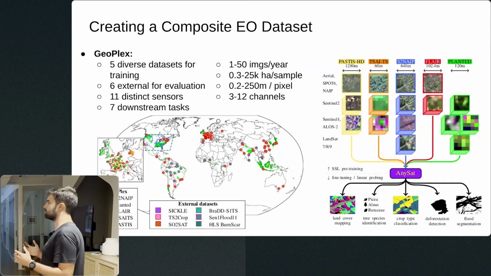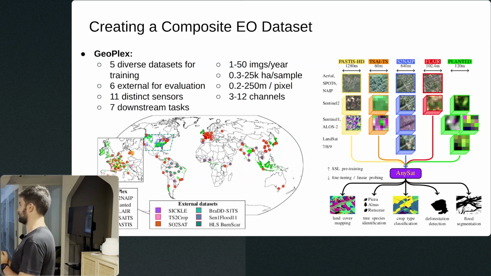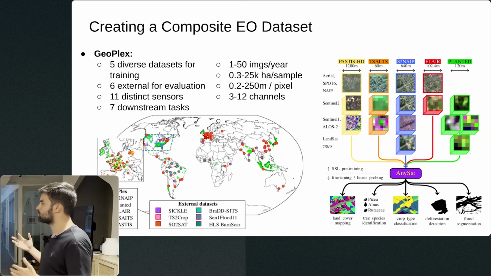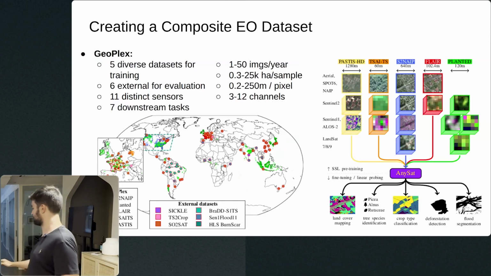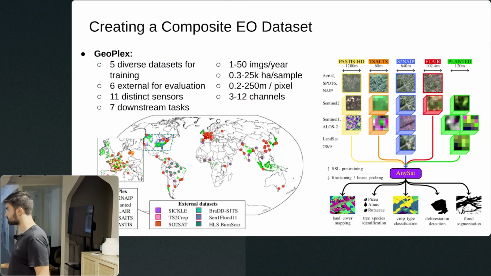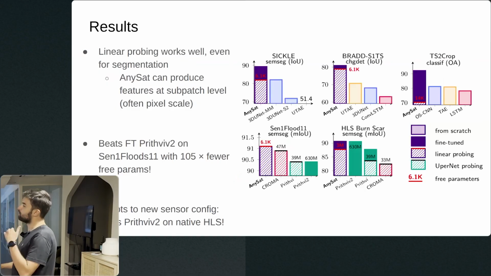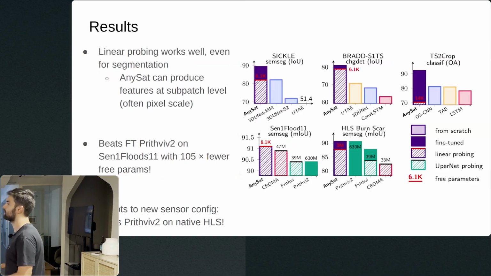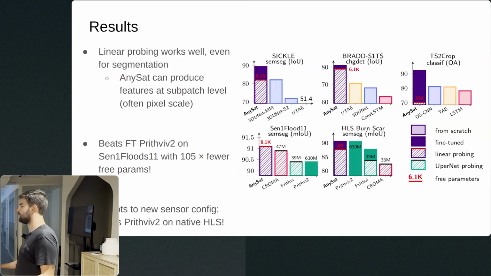We're going to create a composite Earth observation dataset, which we try to make as diverse as possible. And that's the boring part, but we get really good results in linear probing and in fine-tuning across a different set of benchmarks.